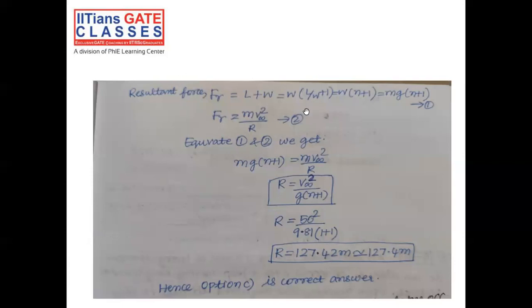From the pull down maneuver, we know that the resultant force is nothing but lift plus weight, and the radius of turn for the pull down maneuver is nothing but v square by g into n plus 1.